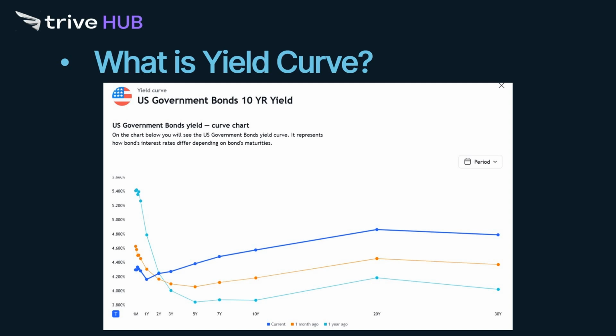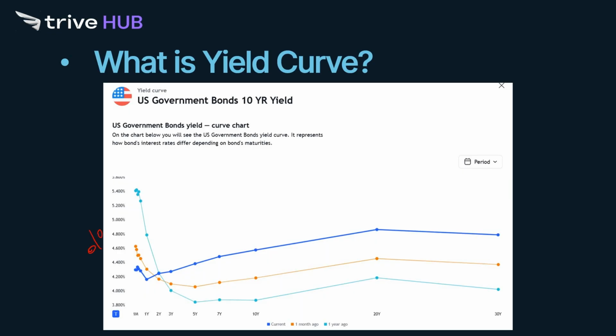If you see this US government bonds 10-year yield chart, on the vertical scale you will see the percentage, and on the horizontal scale is time to maturity. Time to maturity means in how much time the bond will mature, when the debt has to be repaid.